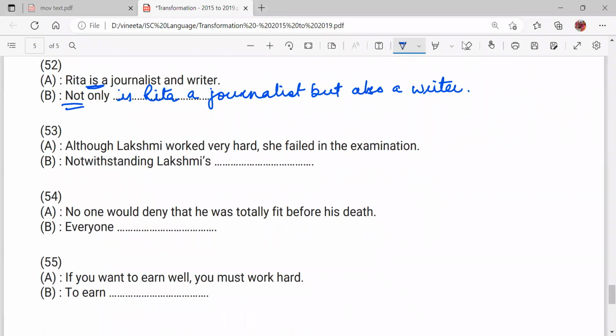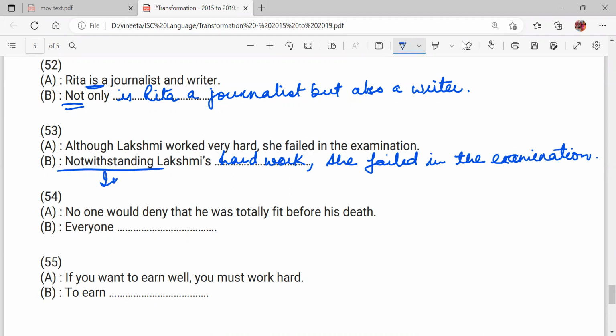Now, the next is, although Lakshmi worked very hard, she failed in the examination. Notwithstanding Lakshmi's hard work, comma, she failed in the examination.